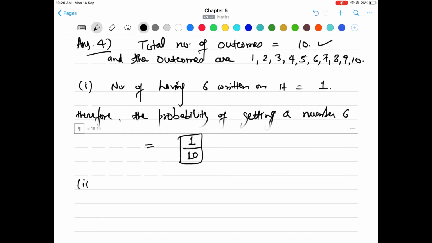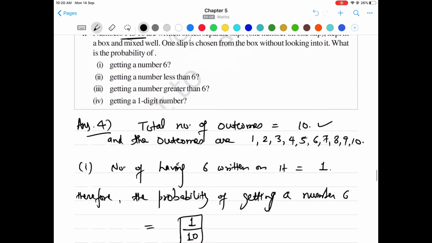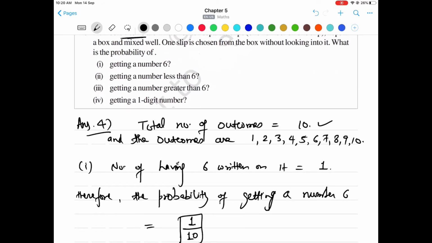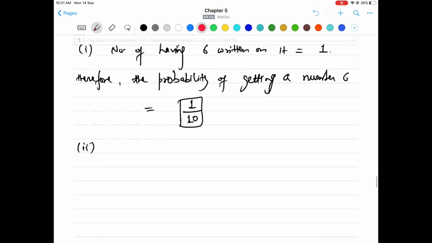Okay, next part we have getting a number less than 6. So out of all these numbers, the numbers less than 6 are numbers 1 to 5. These are the numbers which are less than 6. So number 1 to 5 are the numbers less than 6.